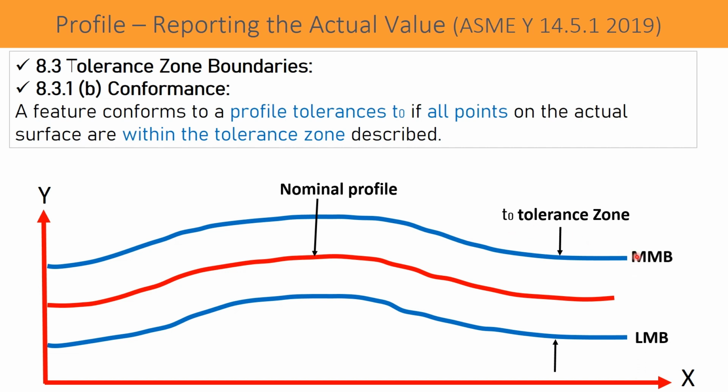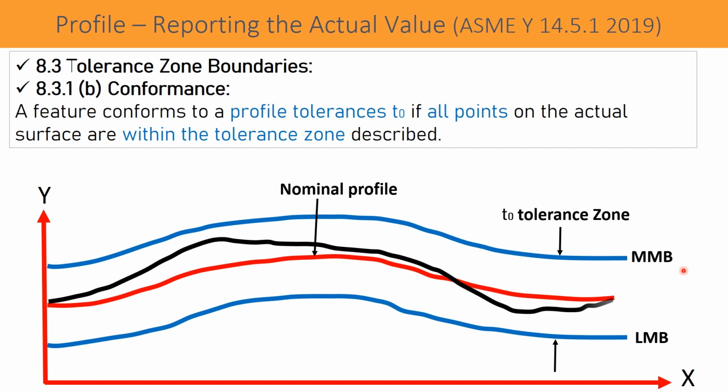The upper boundary is called MMB, maximum material boundary, and the lower boundary is called LMB, least material boundary. The acceptance zone is when the actual profile lies between LMB and MMB; we can say the part conforms. It is very easy, but it is a little tricky to calculate the value against the given tolerance T0. That we will see in the next slide.